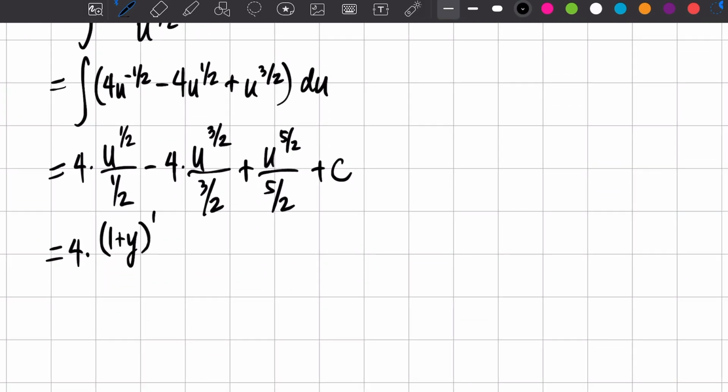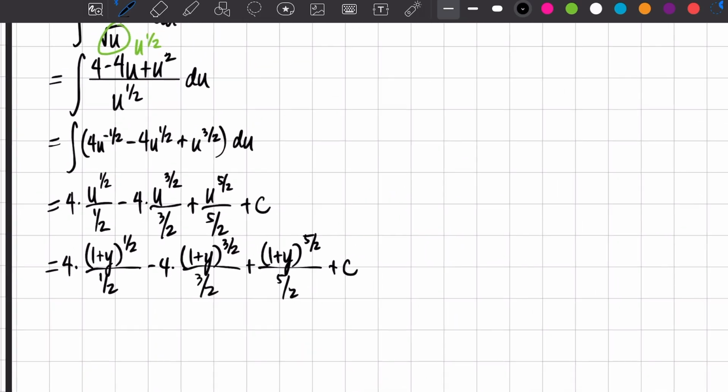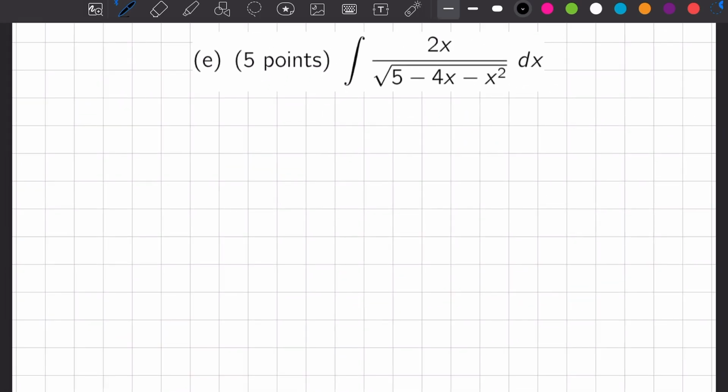That's 1 plus y raised to 1 half over 1 half, minus 4 times 1 plus y raised to 3 halves all over 3 halves, plus 1 plus y raised to 5 halves all over 5 halves, plus c. Okay? Now let's proceed to problem number 5.